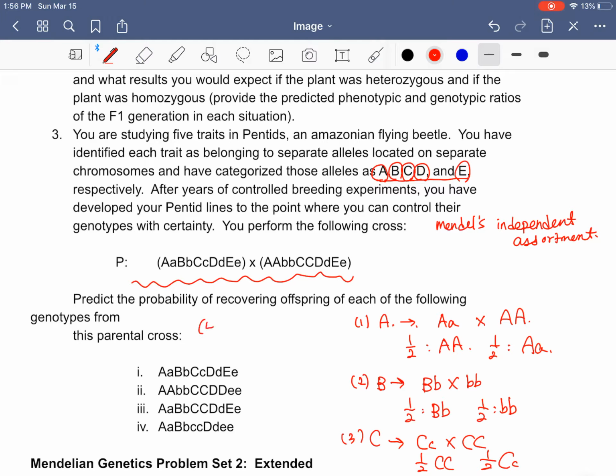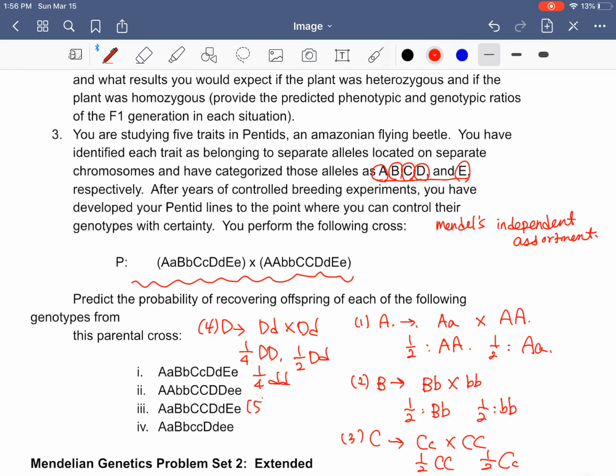Then if we look at allele D, we have heterozygous crossed with heterozygous. So we have 0.25 of homozygous dominant, 0.5 of heterozygous, and 0.25 of homozygous recessive.